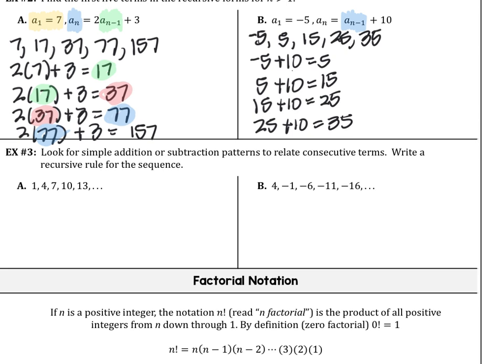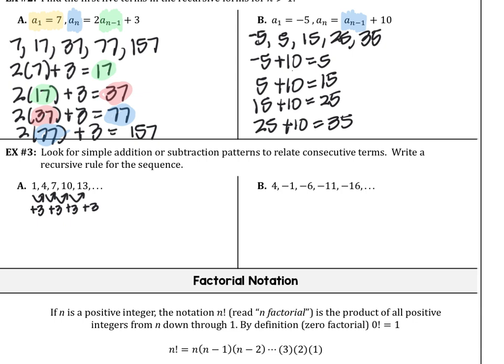Okay, so on example 3, we are looking to write a recursive rule for the sequence. So first thing you want to do is notice what's happening to each part. So here, notice this is adding 3, adding 3, adding 3, adding 3. So that means clearly you're adding 3 to each one.